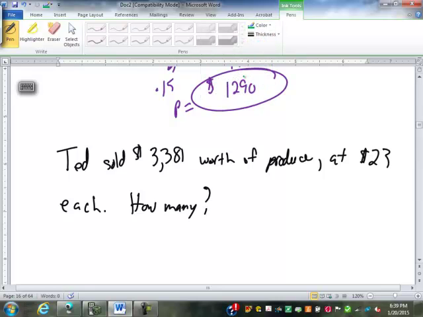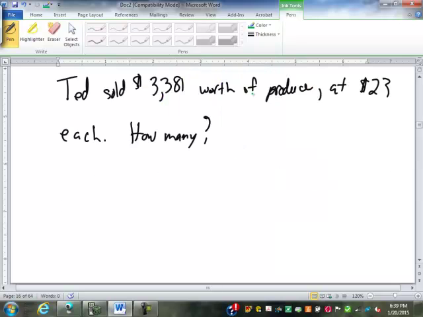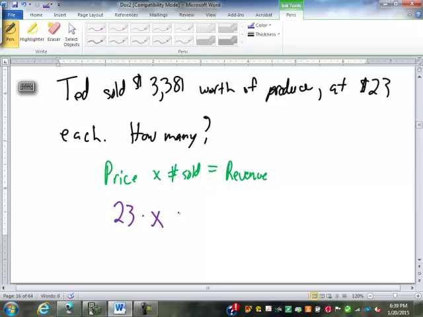Well, same thing here. Some of these problems have standard formulas that you use. For example, price times number sold equals your revenue or your total sales. So in this case, the price was 23 times the number sold, we don't know, that's X, equals the total revenue, 3381.